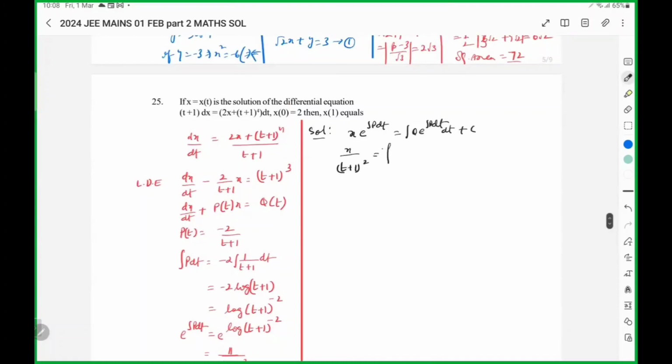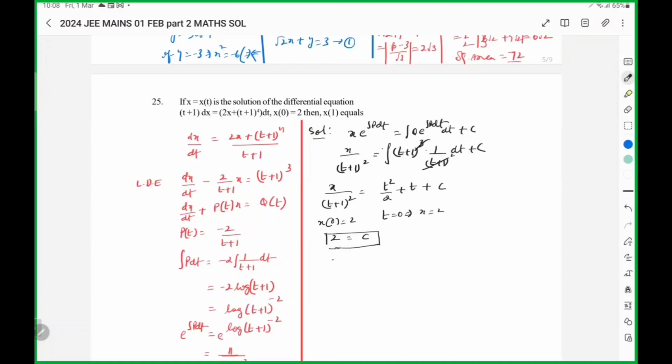Right hand side, q will be (t plus 1) whole cube. x by (t plus 1) whole square is ... plus t plus c. To find out c, x of 0, that means t is 0, x becomes 2. So c value becomes 2.